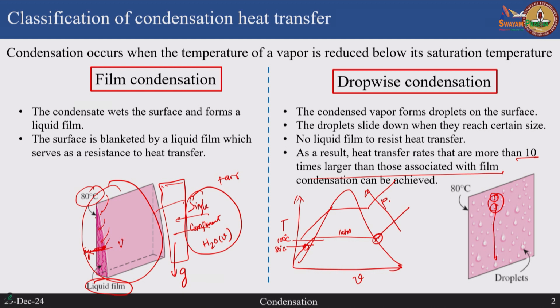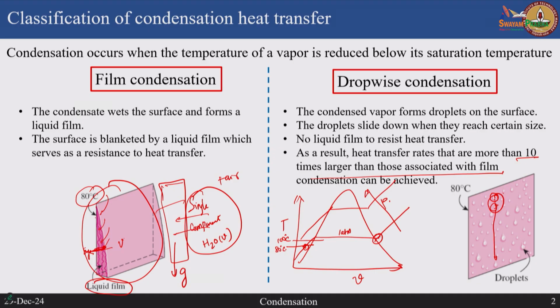If you have a normal hydrophilic or a super hydrophilic surface, the nucleation will be much better, but very soon it will become film condensation. If you have a hydrophobic or super hydrophobic surface, the nucleation will be delayed, but it will mostly remain dropwise condensation.